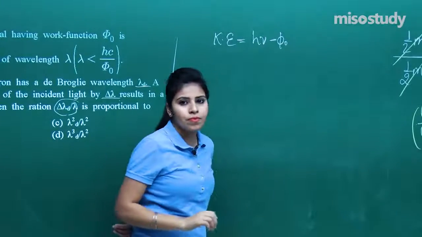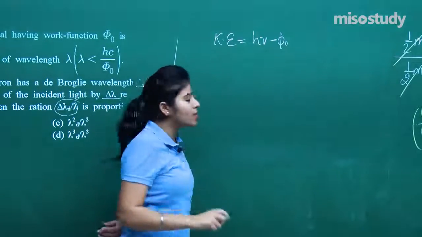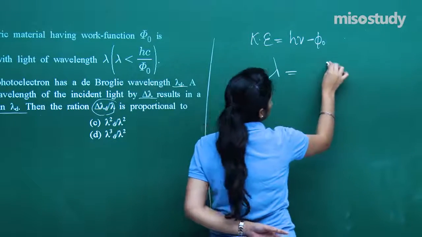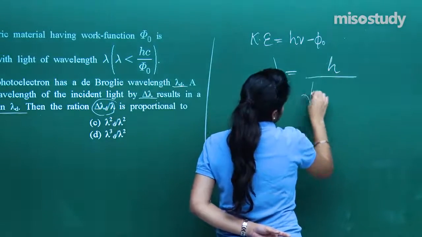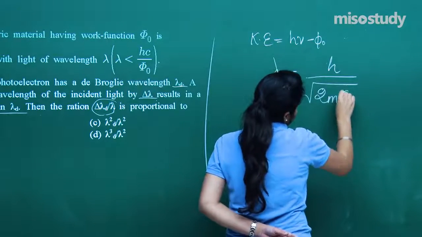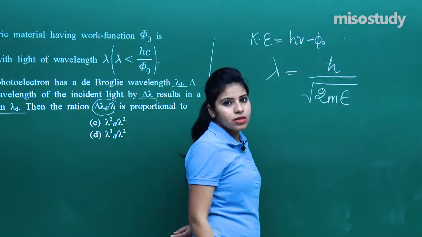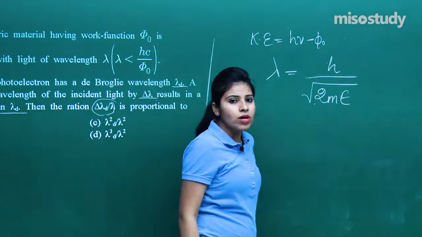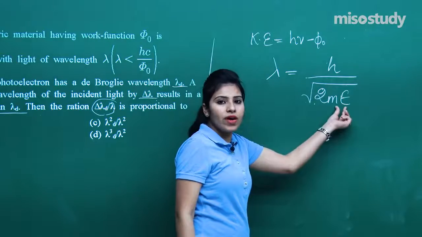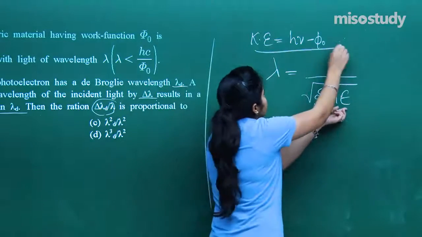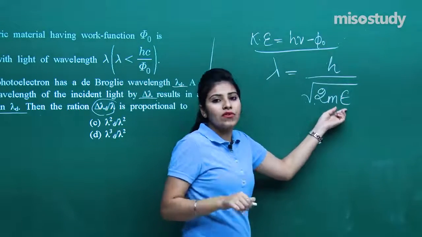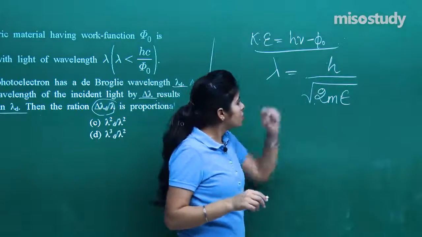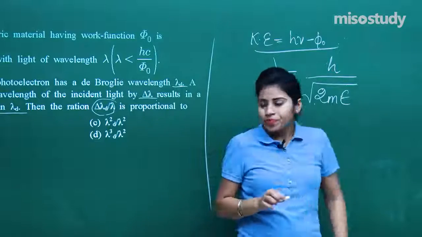This I know. Also I know one thing, and that is lambda equals to... isn't it? There are two relations of wavelength. Now what we can do is, we know the value of energy, which is this, and we can put this value of energy into this equation and find out the value of lambda.